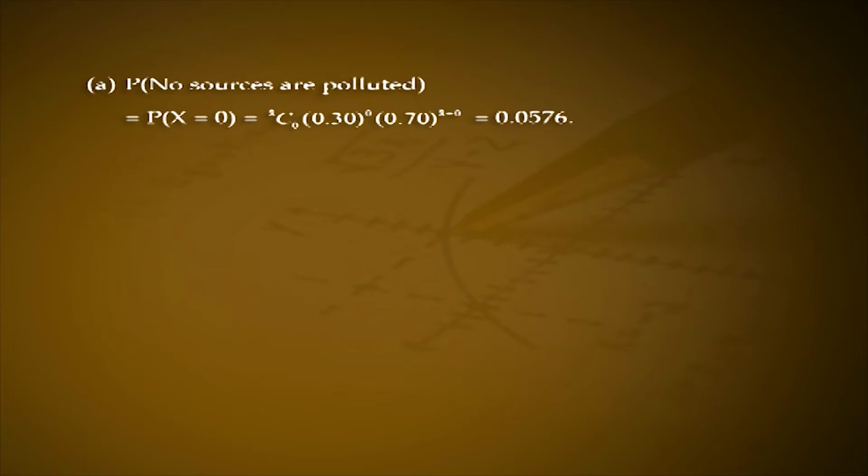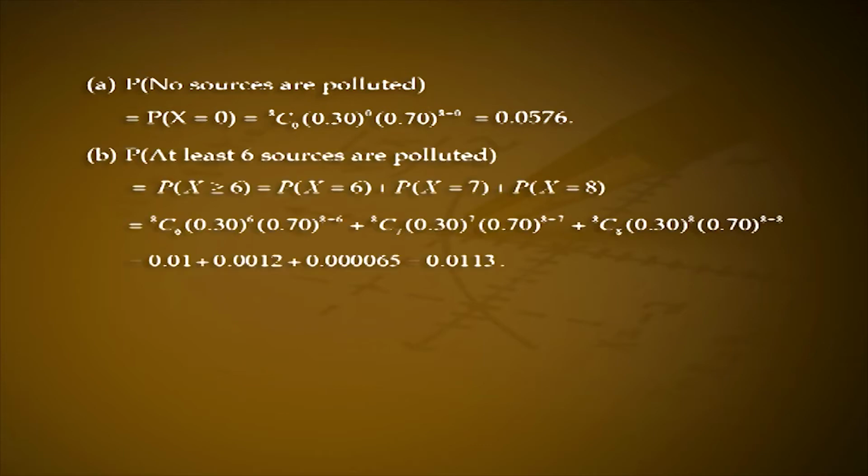Now, probability of no sources are polluted equal to P of X equal to 0, that is equal to 8C0, 0.30 raised to 0 into 0.70 raised to 8 minus 0, that is equal to 0.0576.